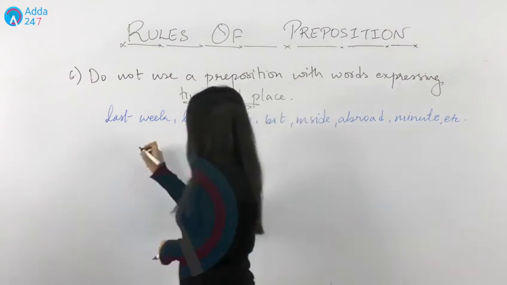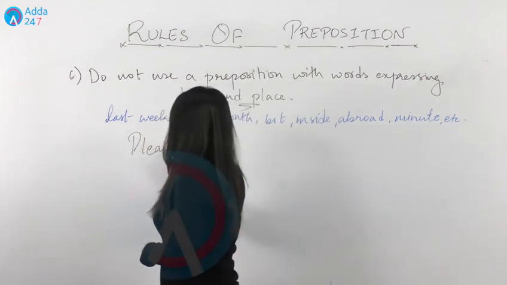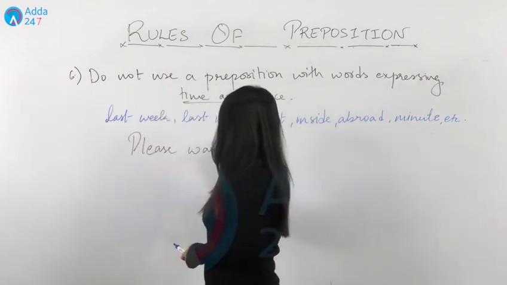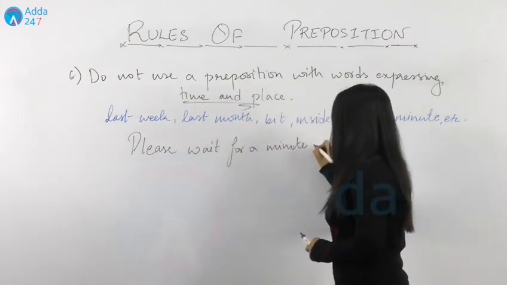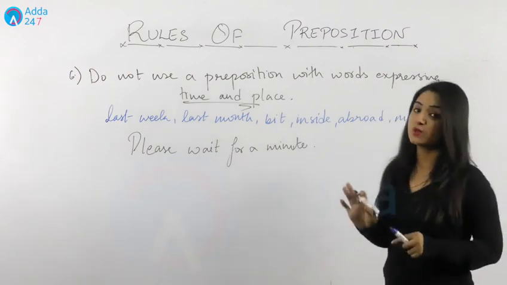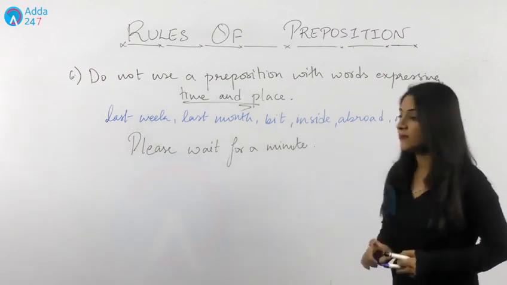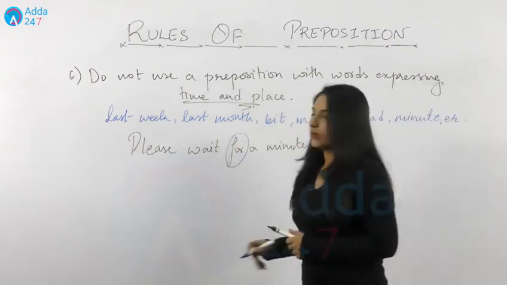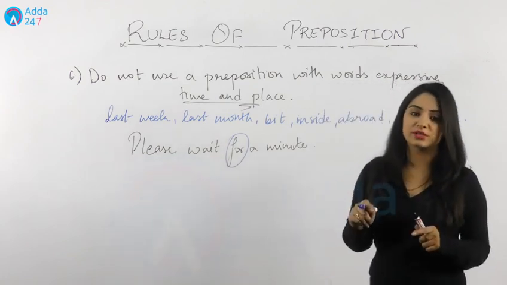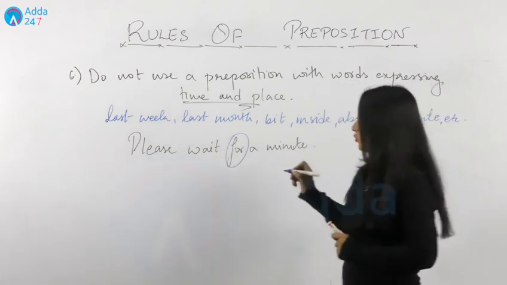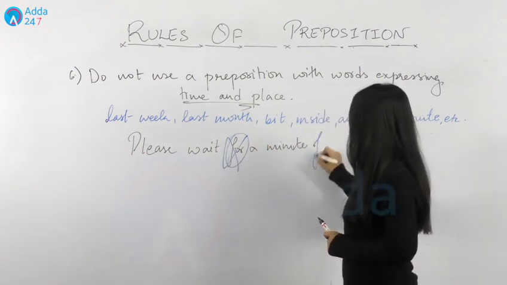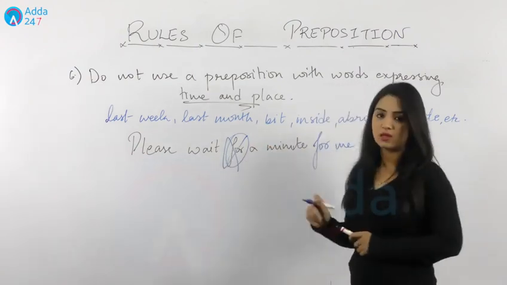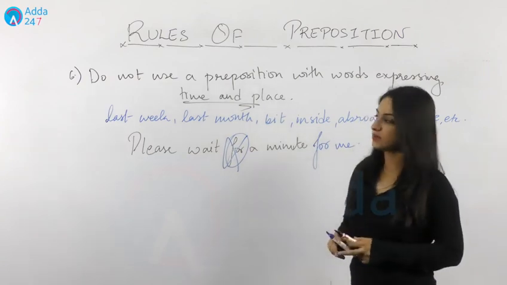For example, now this sentence is very common. Please wait for a minute. And it is incorrect. This sentence is very common, but this is incorrect. Why? See, if you want to wait, you can wait for a person, but not for a minute. So what you do is, we can say, please wait a minute for me. This is the correct sentence, right?